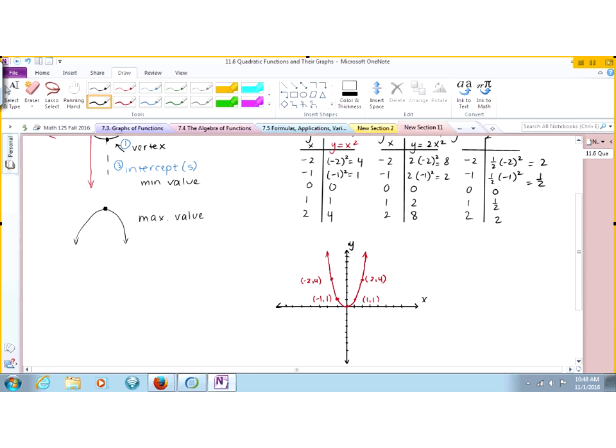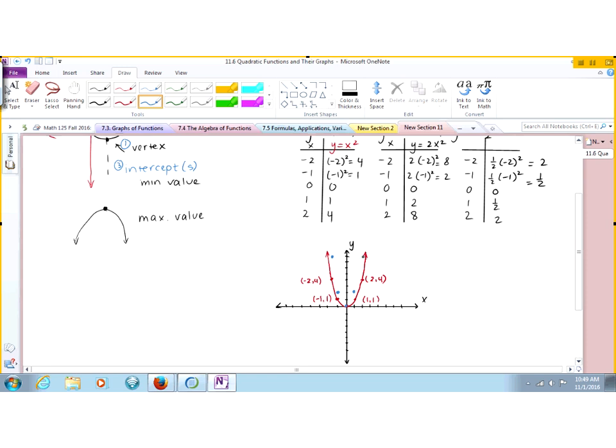How about y equals 2x squared? -2, 8 is right here, and then -1, 2 is right here, and then 0, 0 is right here. 1, 2 is right here, and then 2, 8 is right here.